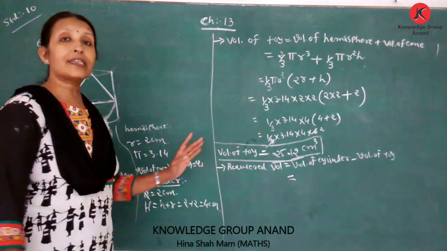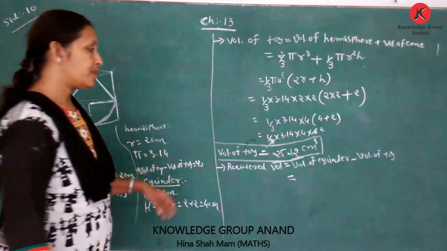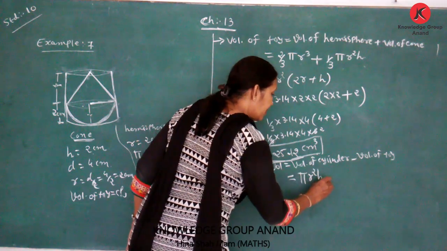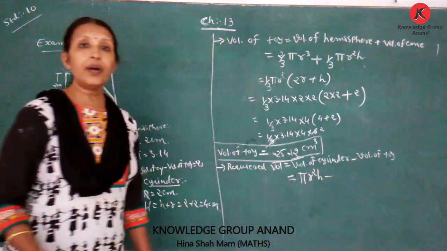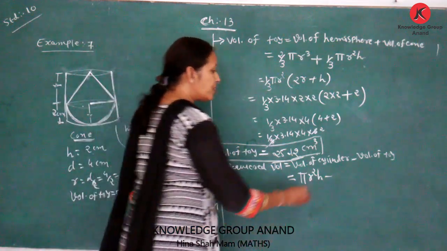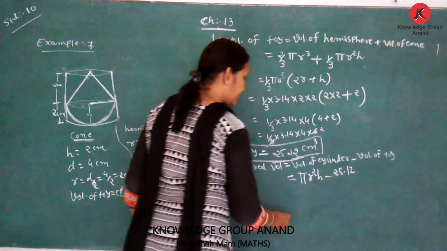Volume of cylinder is equal to, we know, pi r square h. Then pi r square h minus volume of toy. We find volume of toy is equal to 25.12.